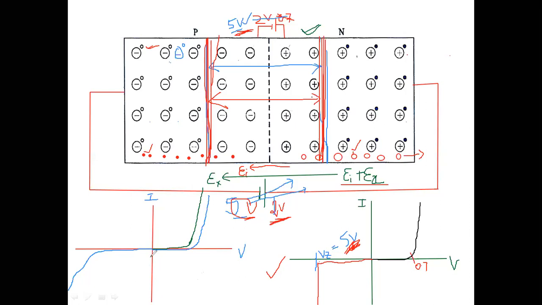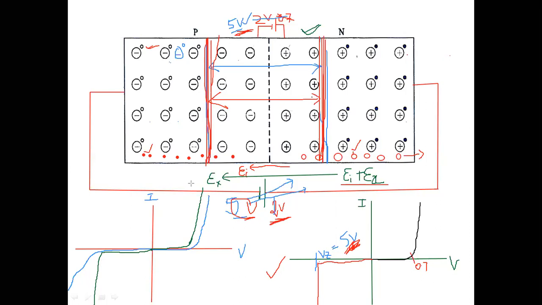And for reverse bias, generally a small amount of current will flow here in Zener diode. These are the characteristics of Zener diode. Okay, green color is the characteristics of Zener diode.